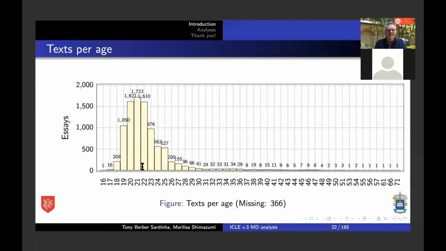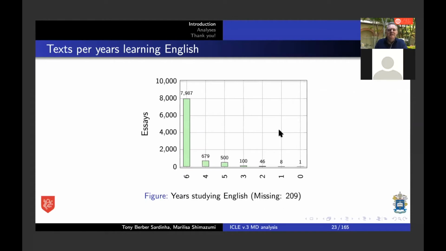Remember, some of these texts were collected 20 years ago, so by now many of those folks are at the tender age of middle age, whatever that's called, 40. Nice, okay, good. So they're young, or they were young. How many years? Most of them had been studying English for 6 years.